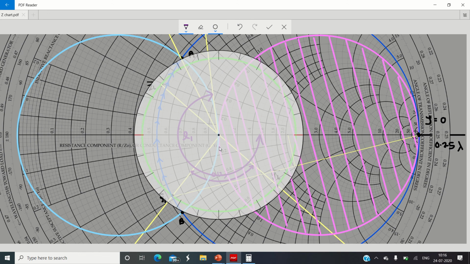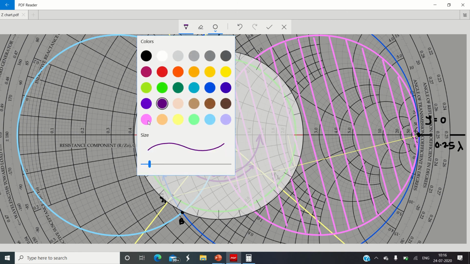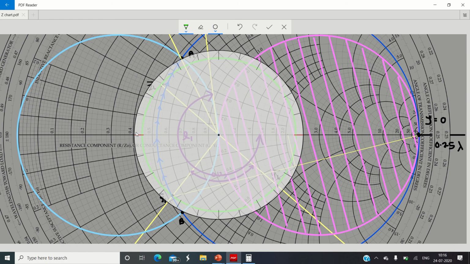Once you have taken that much distance in your compass, draw a constant VSWR circle. This is the second VSWR circle we are drawing, which is passing through Y1.